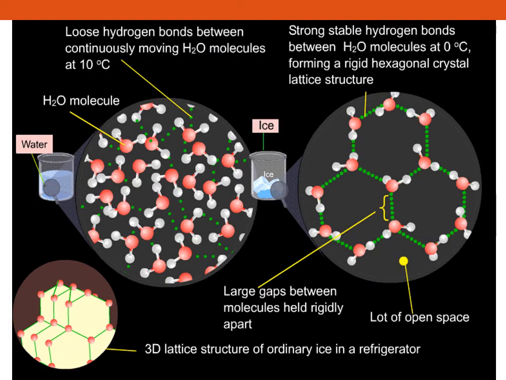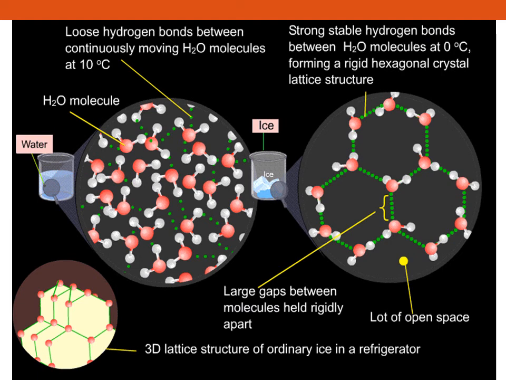Let us look at this on a microscopic scale. At 10 degrees Celsius, looking at water closely, it is observed it has loose hydrogen bonds and therefore the density is high. Thus, water at 10 degrees Celsius sinks down.